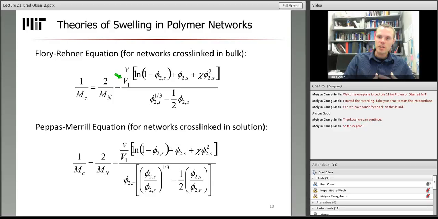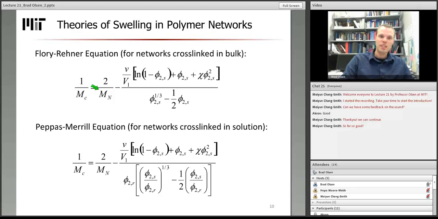And so this equation is what allows us to understand responsive swelling in polymer networks. So many of the types of responsive transitions, for example, thermal responsive transitions or pH responsive transitions, can be conceptualized as tuning this interaction parameter chi when you have a fixed chemical structure. Right? The chemical structure is essentially the locations of the network junctions, the molecular weight between crosslinks, and so that's given by Mc and Mn.